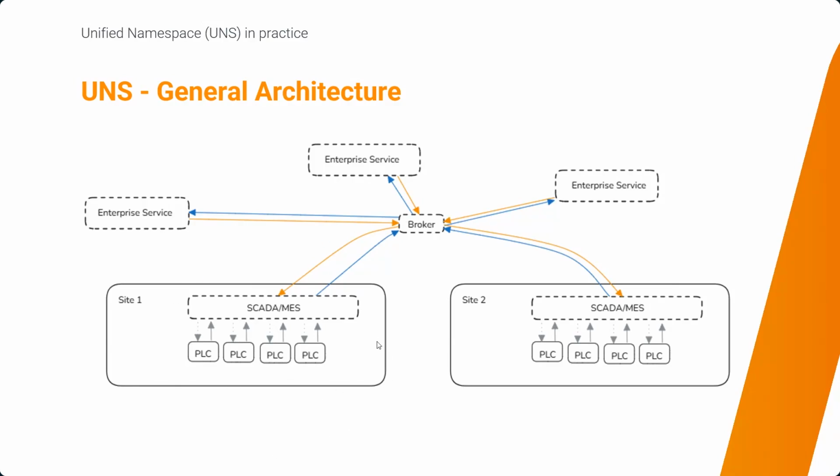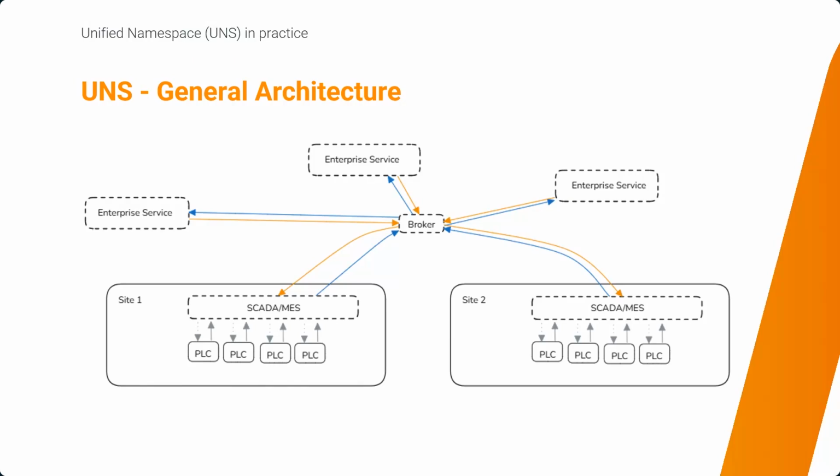The SCADA and the PLCs communicate with each other, and the SCADA or MES system knows exactly the states of the PLCs. Of course, we have some enterprise systems, like for instance an ERP system. So one of these enterprise services on this image can be the ERP system. Another enterprise service can, for instance, be a machine learning interface. And all of them are interested in the data that is produced, but also consumed, by the SCADA or MES system. That's why we have the 2 arrows.